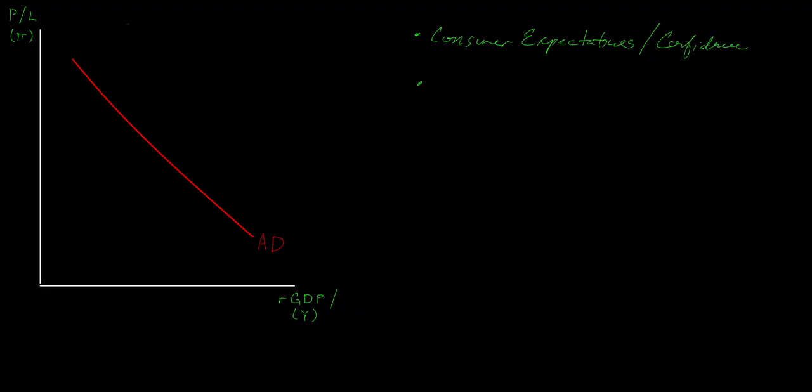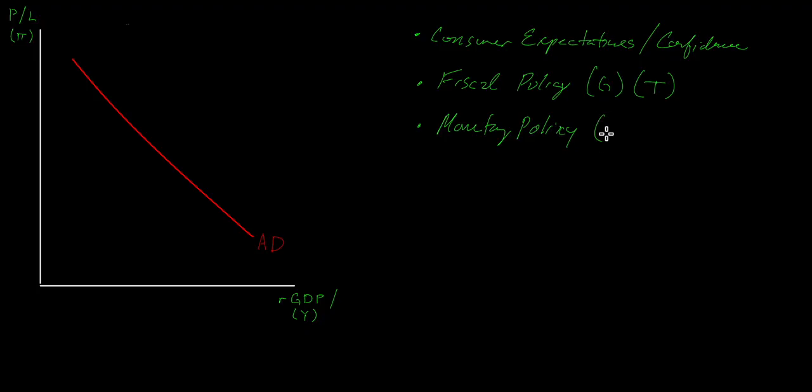We can look at fiscal policy, which of course is government spending and taxation, and we can look at monetary policy, which of course is the manipulation of the money supply through the real interest rate. So we'll take these one by one.